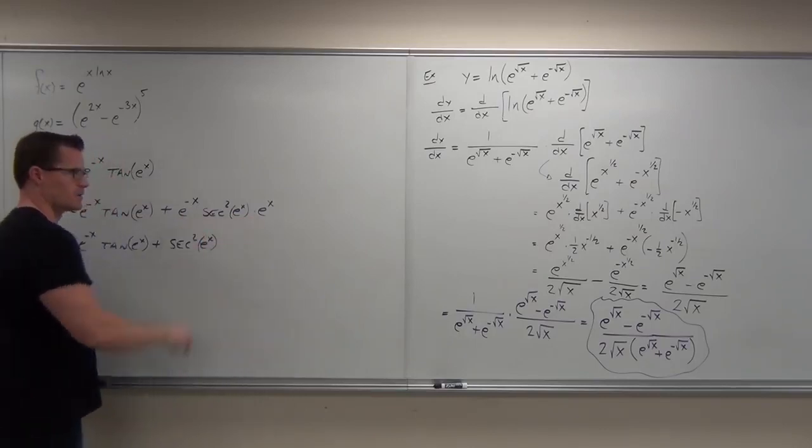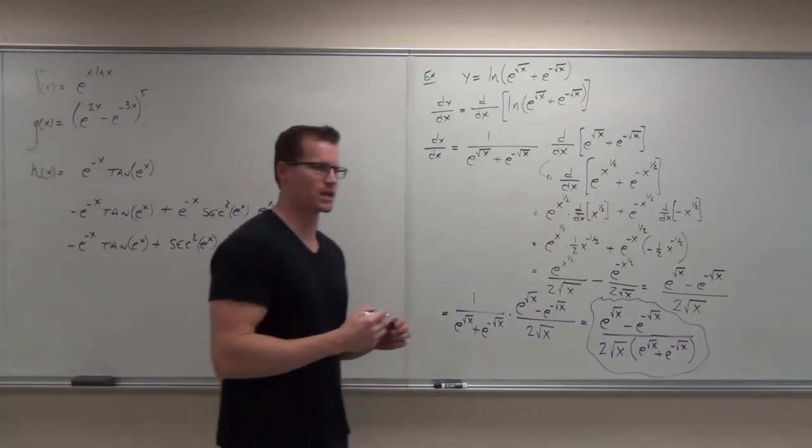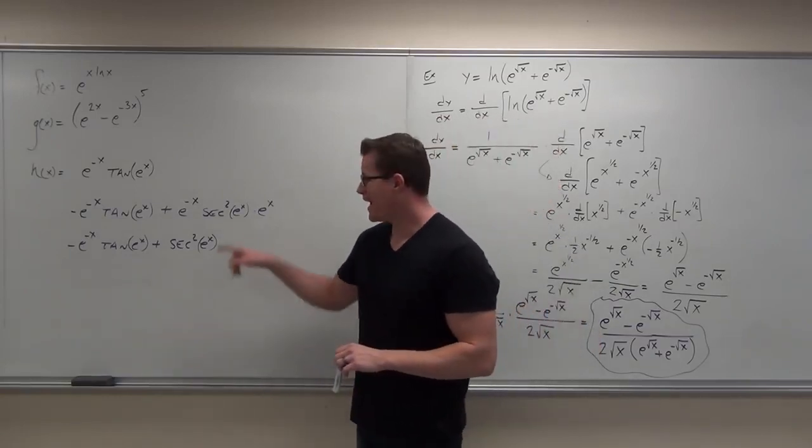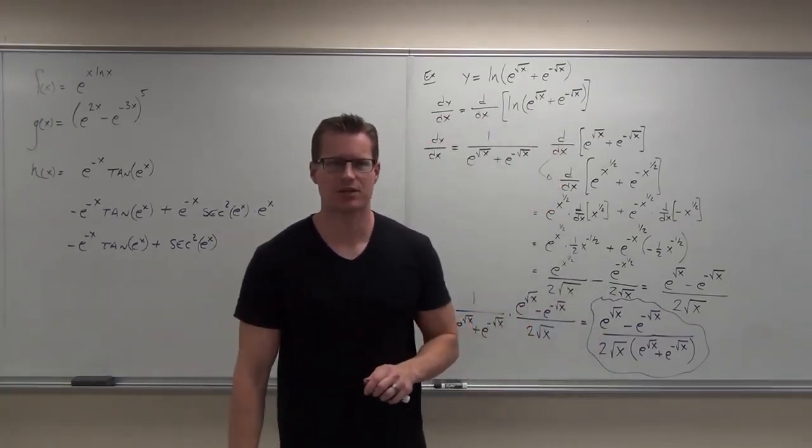And I believe those go away, because you'd add exponents: negative x plus x gives you 0, e to the 0 would be 1. I think that's your answer. I'll double check that and make sure that it's right.